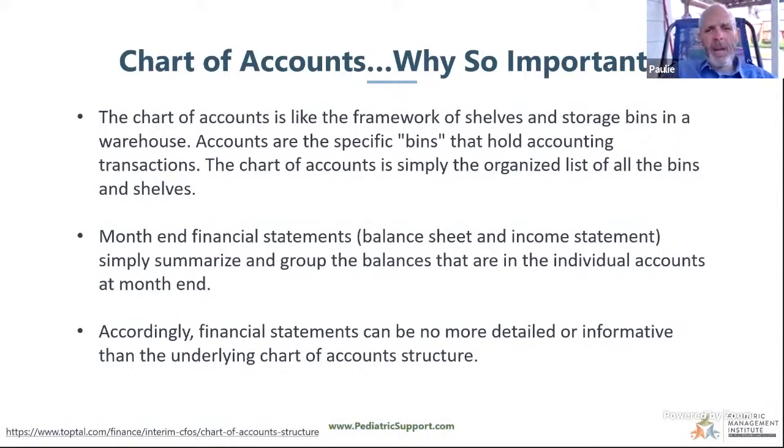If you think of the chart of accounts as buckets or bins, it makes it easier to understand the business and the way things are moving around. Your monthly reporting is simply a summary of all the different amounts that hit all the different buckets.